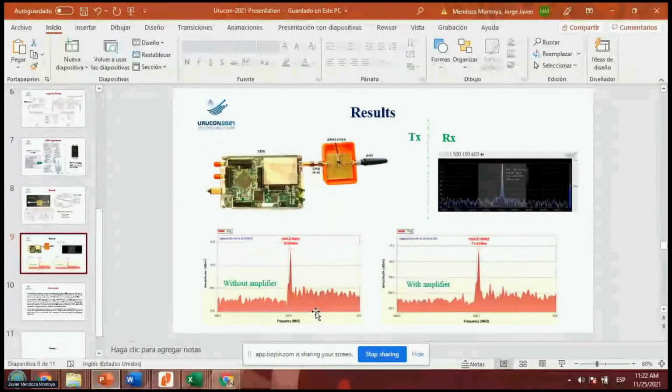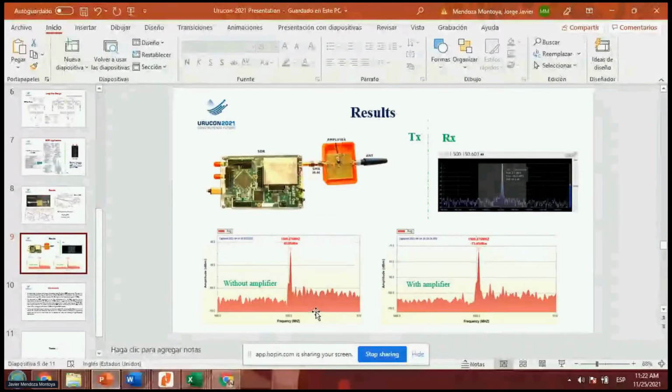Well, here we can see the test lab, using the SDR, the amplifier, this antenna, and a small connector. On the right side, we can see the reception at 1.5 gigahertz. This is the spectrum.